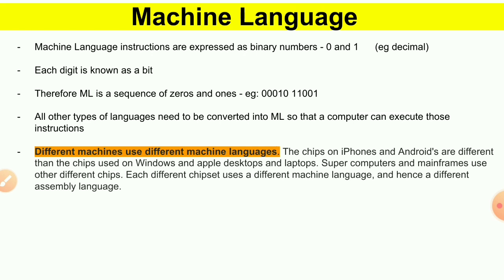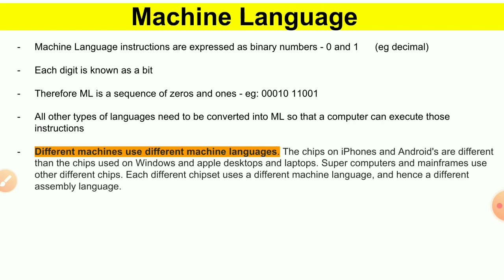So whenever you speak about digital devices, you must understand that there is an electronic chip, and an electronic chip will have a CPU, and that CPU is, in other words, a computer.